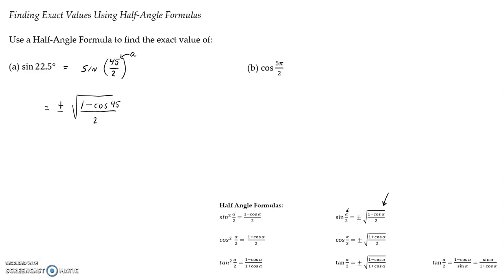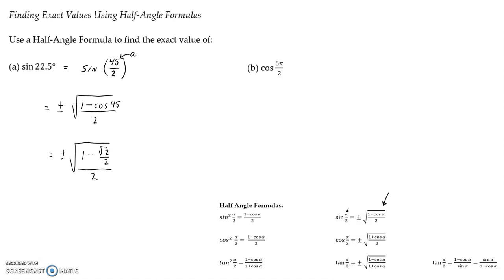Now, cosine of 45 is going to give you radical 2 over 2. And this whole thing is divided by 2, and that's all underneath our radical sign.